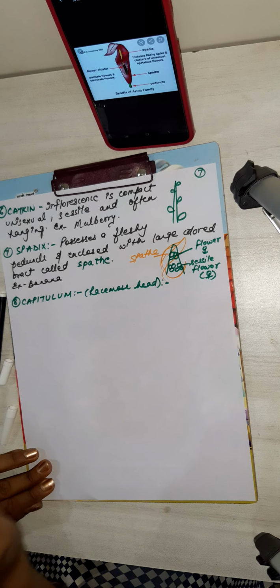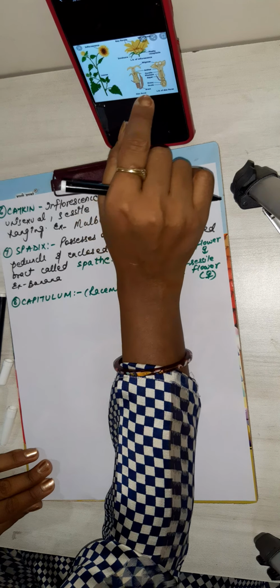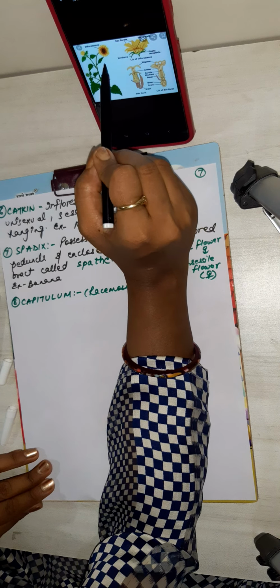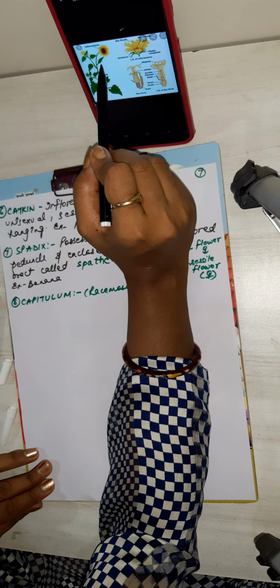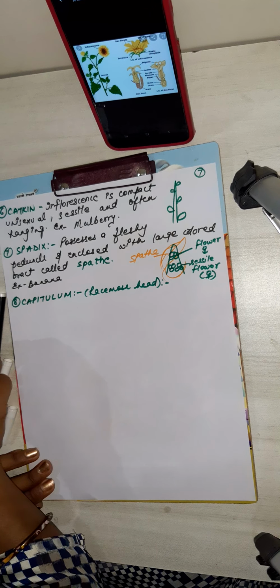So in this case, what happened? Have a look, students. Have a look. This is capitulum. Example is sunflower. Now I will show you with the help of diagram.